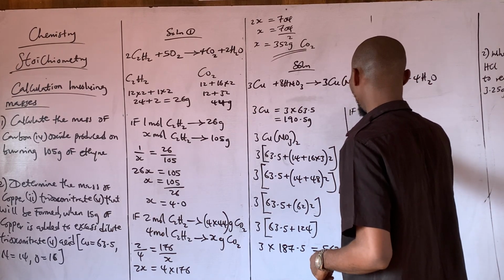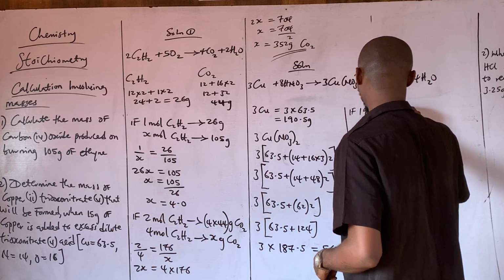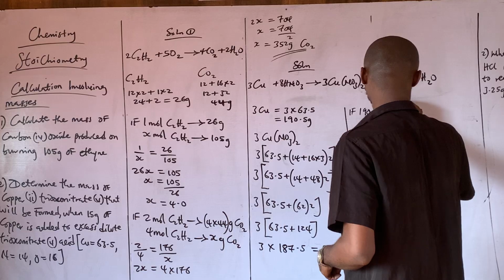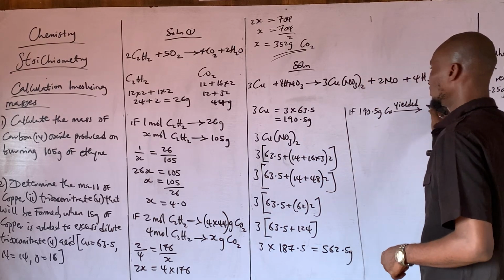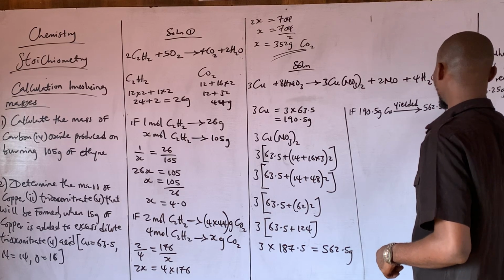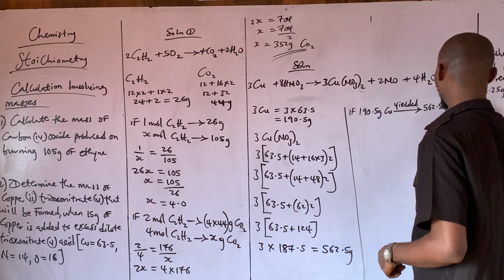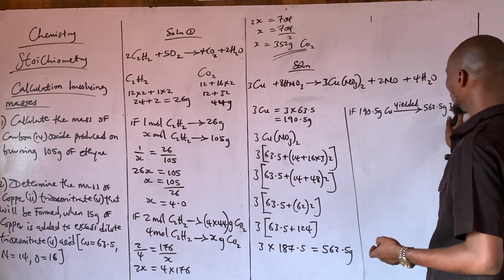So we say if 190.5 gram of copper yielded 562.5 gram of copper, no point of putting 3 so that you won't get confused.